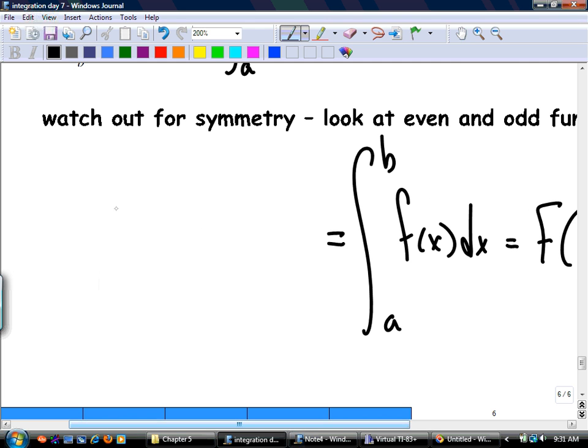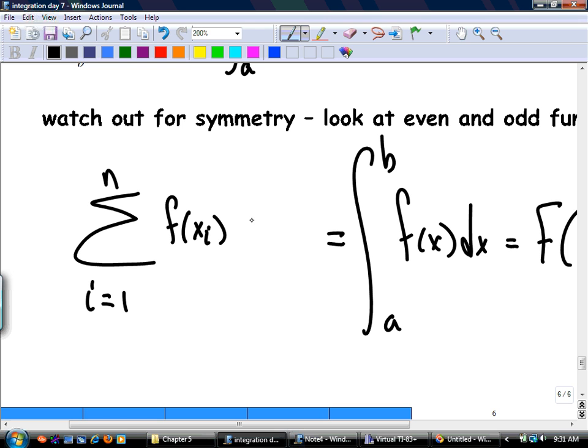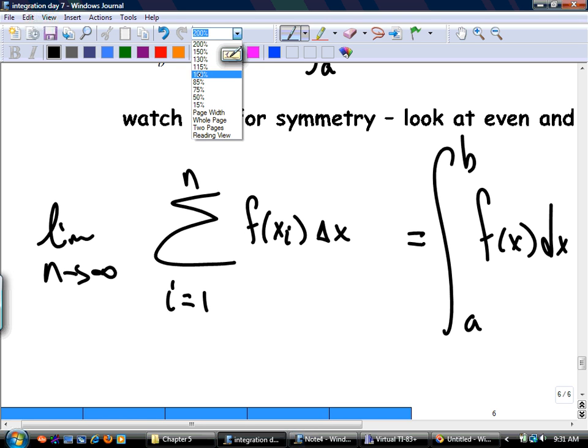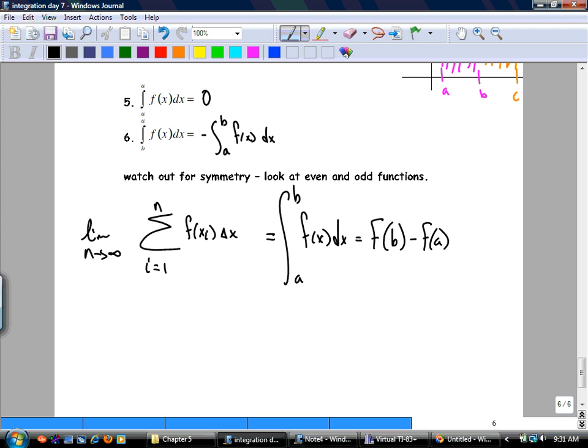It all comes back from this. You can call it the super fundamental theorem of calculus.